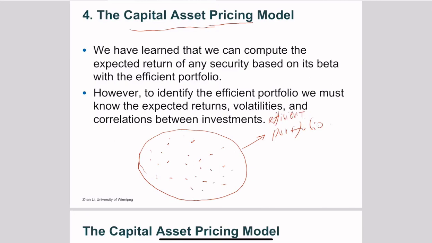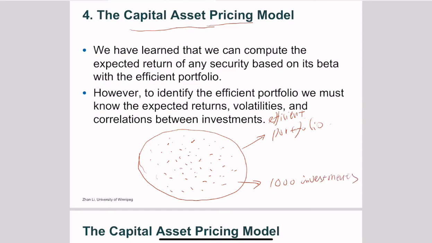And this efficient portfolio has a lot of investments, right? You can see that I am putting a lot of dots within the circle. Let's say this efficient portfolio has, I'll just put some number here, let's say we have 1,000 different investments.